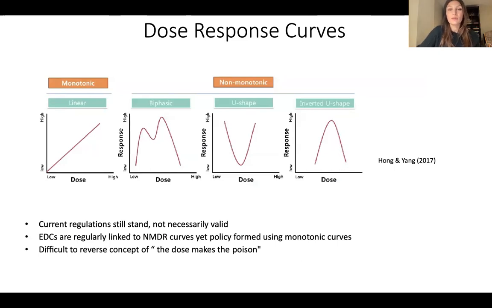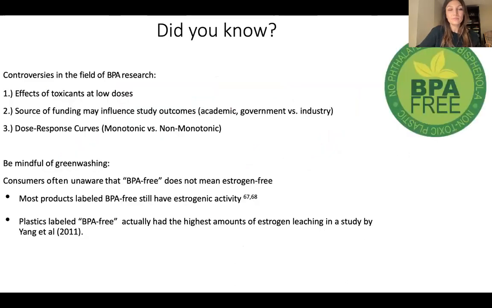But we're finding out with a lot of endocrine disruptors like BPA, these act in a non-monotonic fashion, meaning that lower levels of exposure can be just as impactful as higher levels of exposure. This is something that's really being looked at closely in endocrine disruptor research right now.